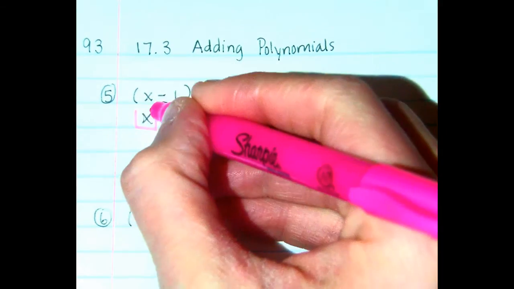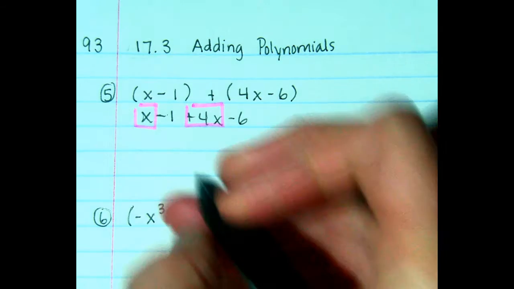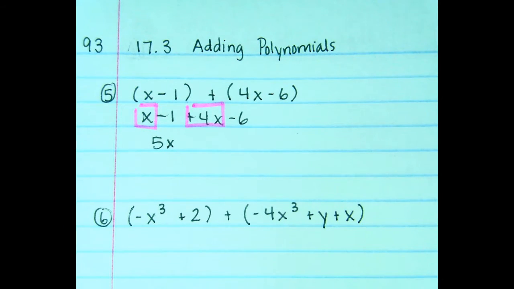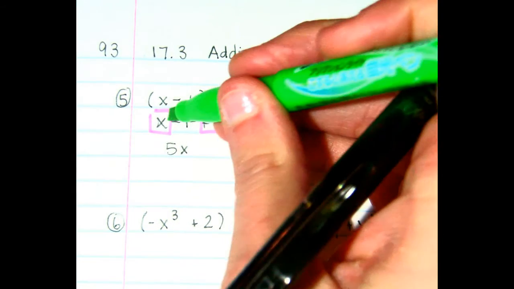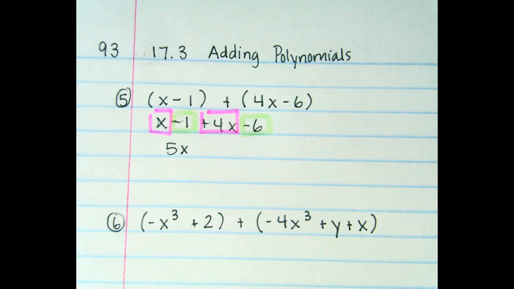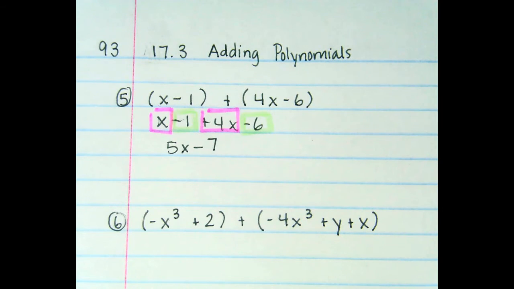The x and the 4x. What is x plus 4x? Okay, do you have anything else that's alike? Negative 1 and negative 6. What is negative 1 and negative 6 combined to give you? Negative 7. 5x minus 7. Is that in standard form? Good.